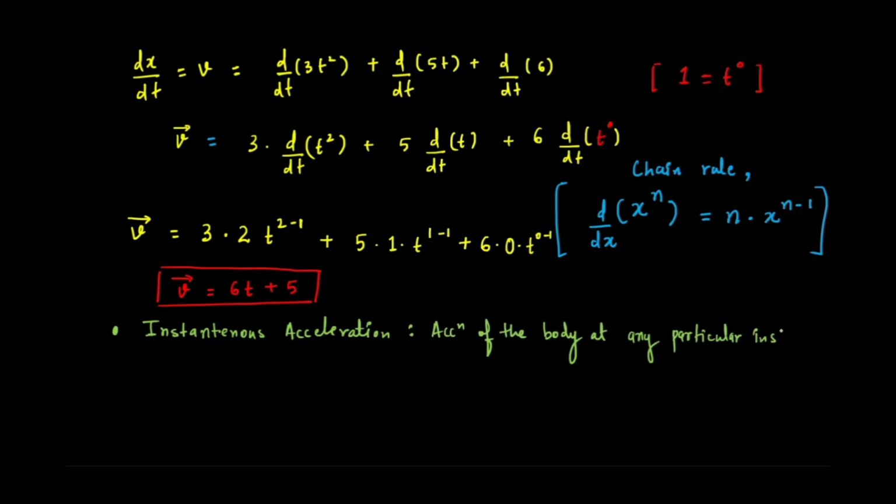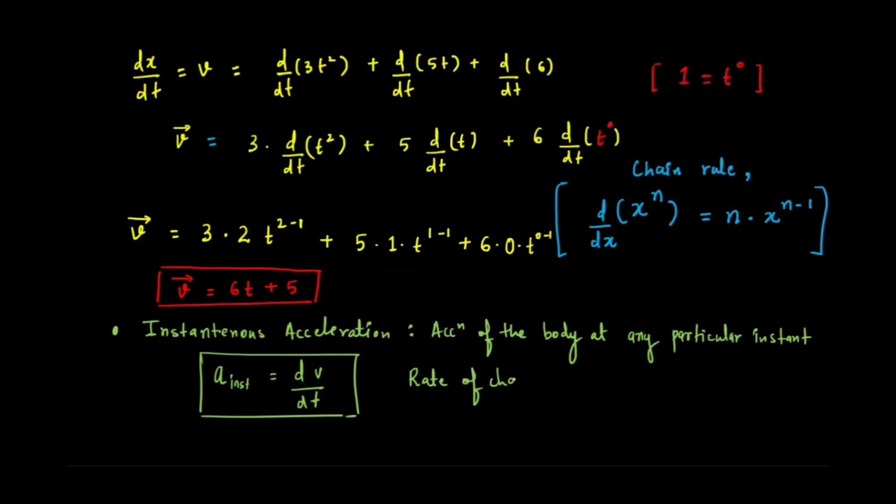What does it mean? It simply means at any point of time throughout the journey, if I assume that the particle is moving with some random motion, it is going to have instantaneous acceleration, and that instantaneous acceleration is represented by a instantaneous. It is equal to dv by dt. What it is representing is that instantaneous acceleration is nothing but the rate of change of velocity.